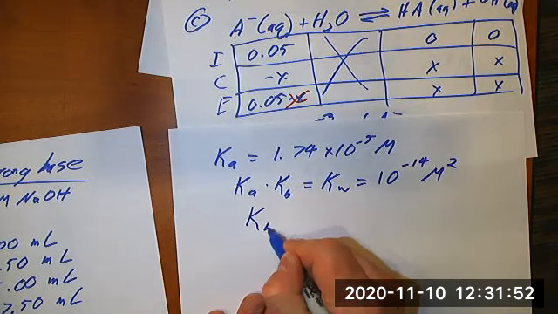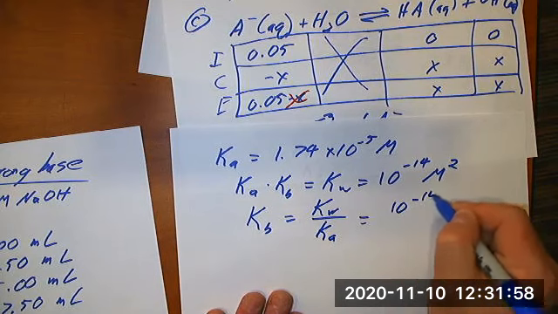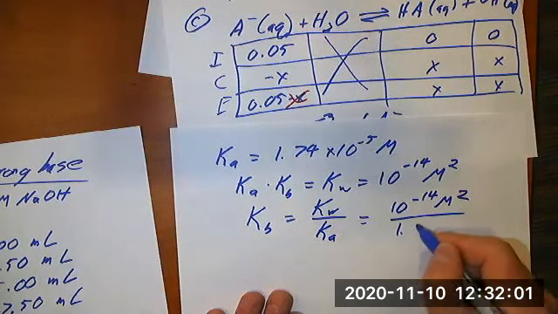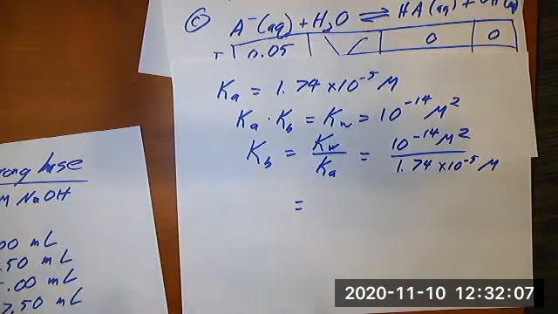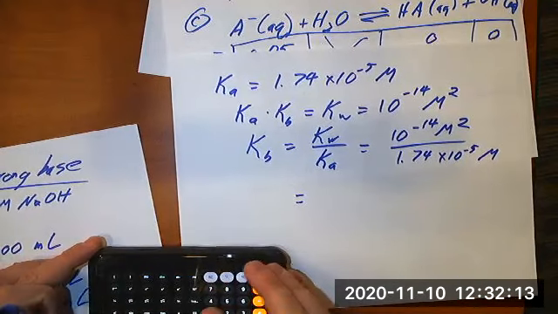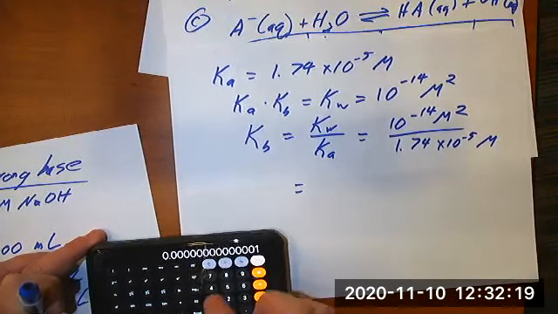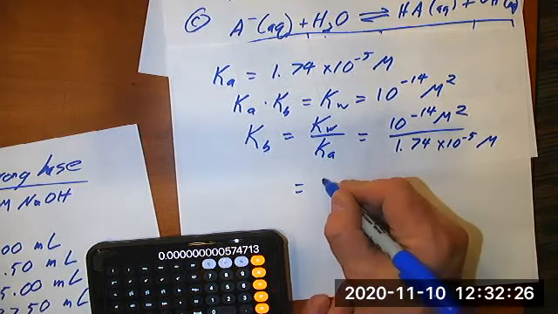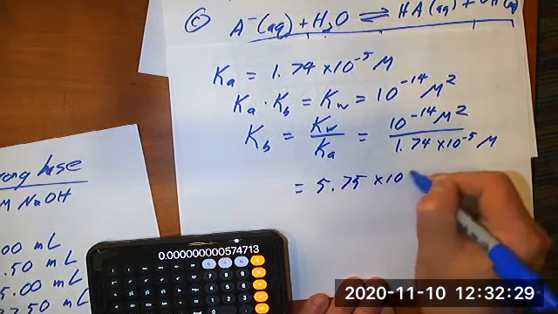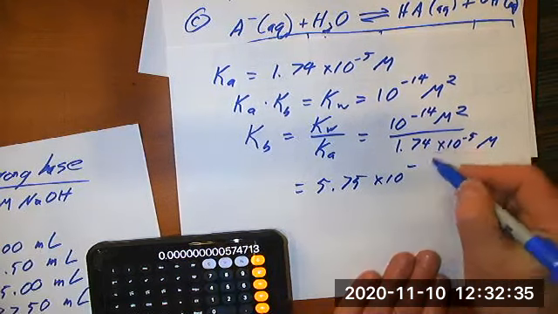So our Kb is Kw over Ka, 10 to the negative 14 molar squared over 1.74 times 10 to the negative 5 molar. 10 to the negative 14 divided by 1.74 times 10 to the negative 5 gives us 5.75 times 10 to the negative 10 molar.